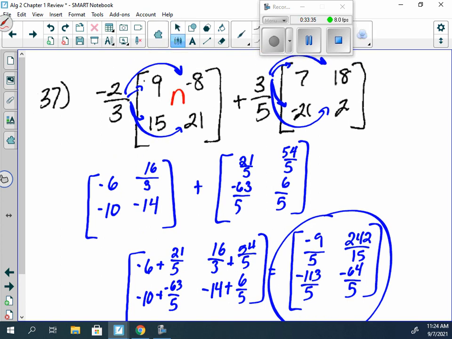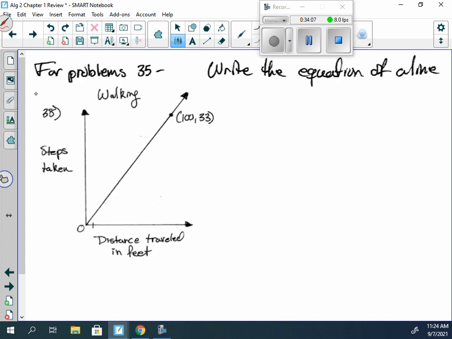Because I can define this as A, this as B, and say negative 2/3 matrix A plus 3/5 matrix B and hit enter, and it would actually solve this. Any other questions on this one here? Are we good with this here? Yes? Any questions on 38, 39, or 40?